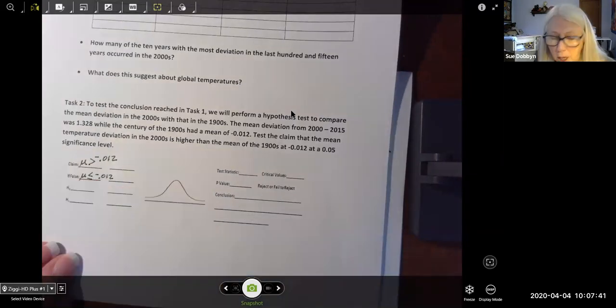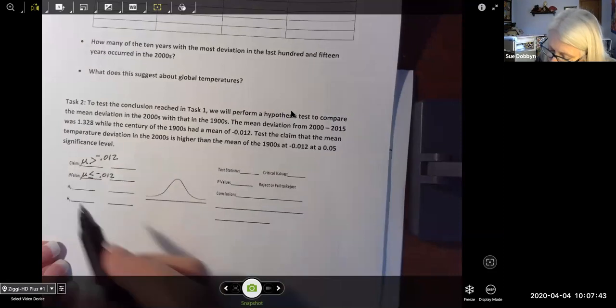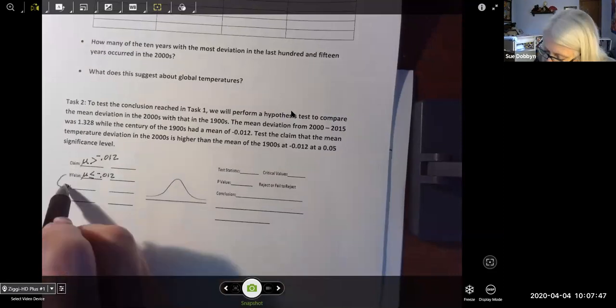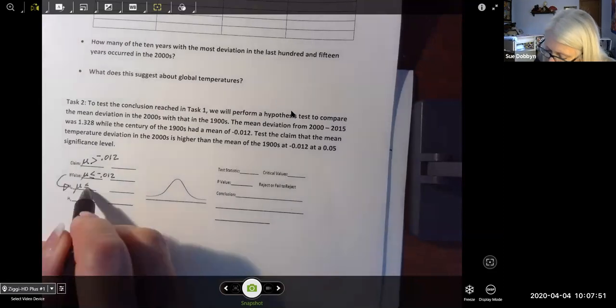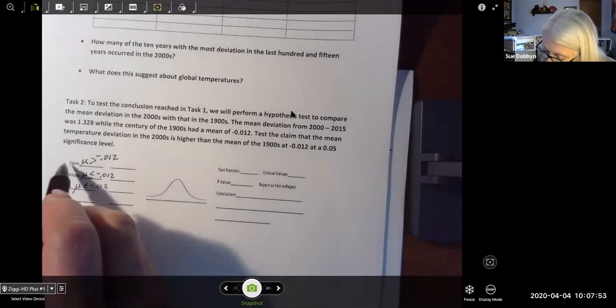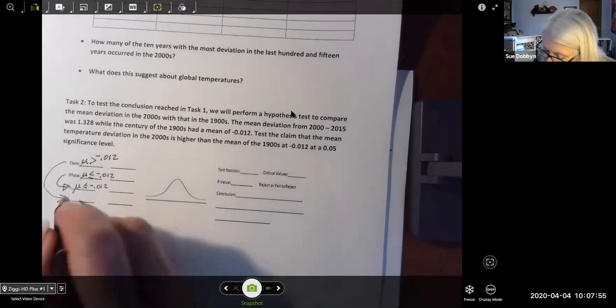So the null hypothesis comes from the if false statement, mean less than or equal to negative 0.012, and the claim becomes the alternative hypothesis, mu greater than negative 0.012.